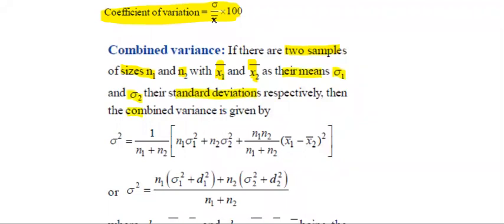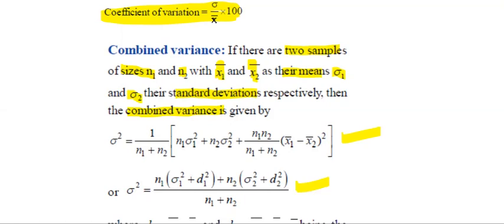Then the combined variance is given by this formula: sigma square is equal to 1 by n1 plus n2, n1 sigma 1 square plus n2 sigma 2 square plus n1 n2 by n1 plus n2 into x1 bar minus x2 bar whole square.